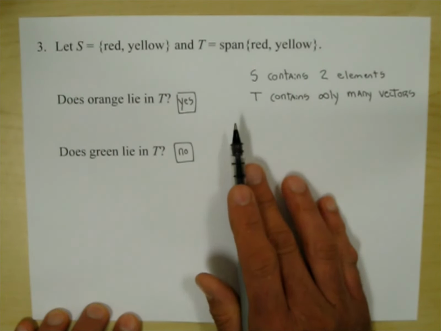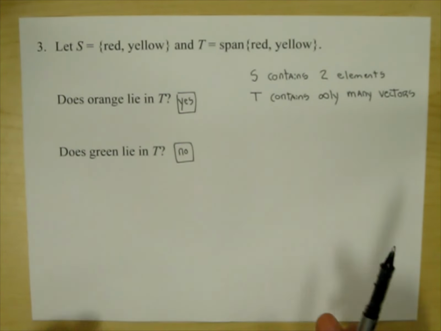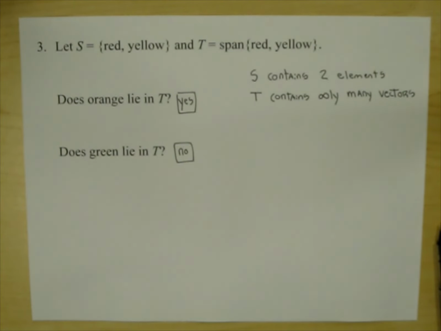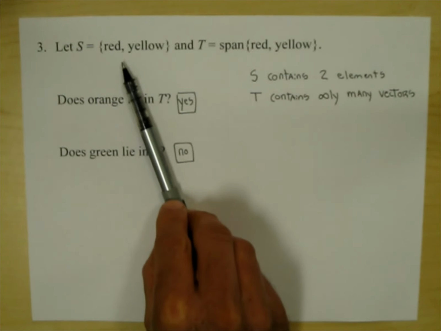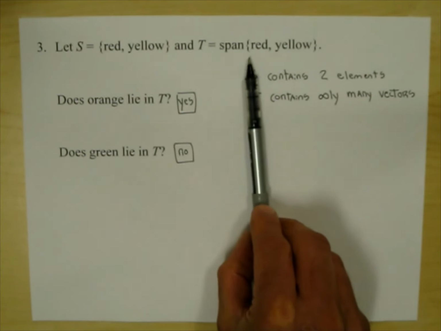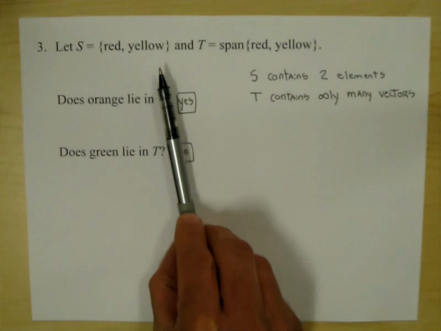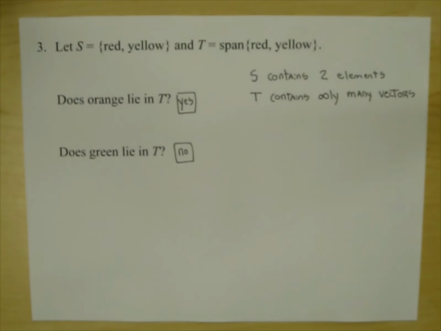You know, different shades of orange and red and yellow, but it doesn't give you things like green. So let's continue, remembering that a spanning set is the set of seeds. So this right here is the spanning set. And this right here is the span. This is everything that you can generate with these seeds. And somehow this is very important in linear algebra.